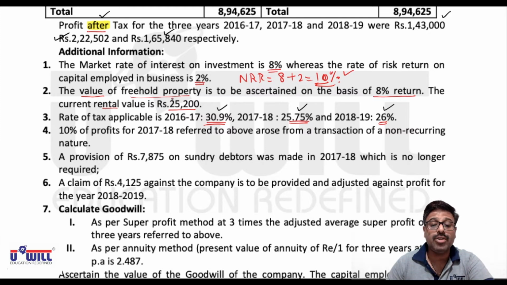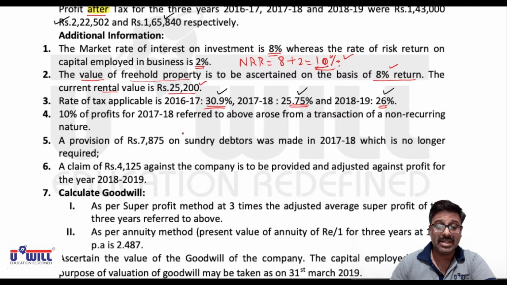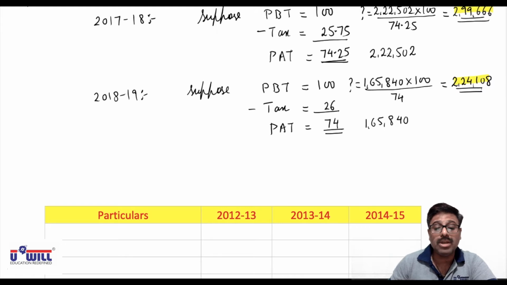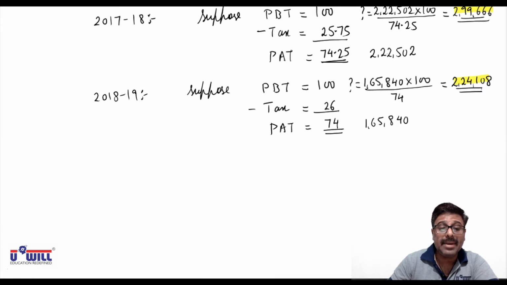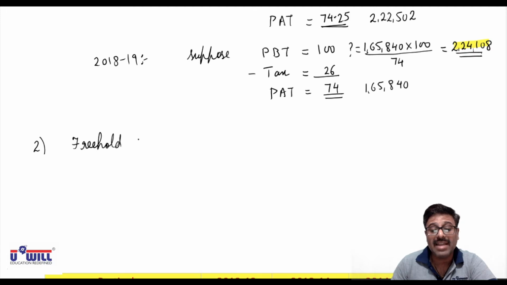Rent is already given as 25,200. So if we are earning rent of 25,200 on the basis of an 8% return, what would be the fair value of the freehold property? That will be our working note 2, because when we find capital employed, we have to take the fair value of trade assets.